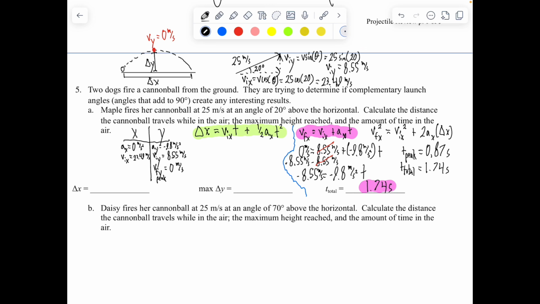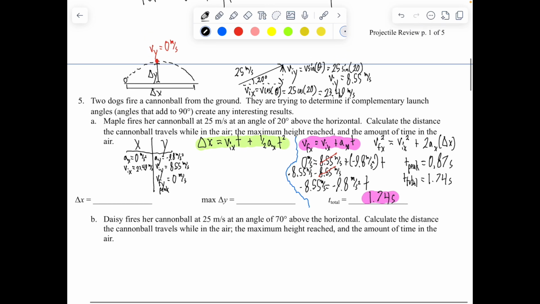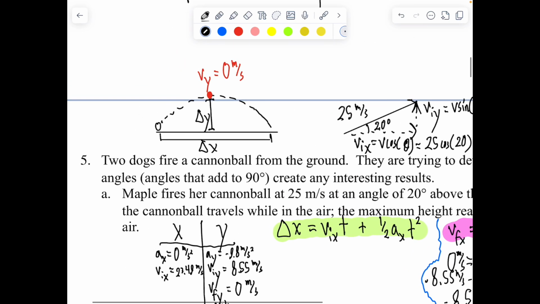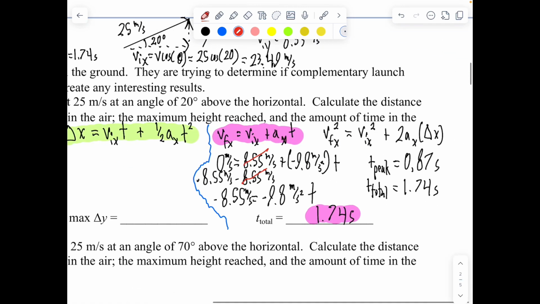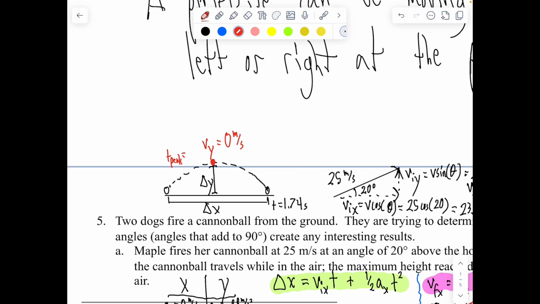All right, let's look at that max delta y. So here, let's consult our diagram. We know the time that has passed for it to reach its end over here is 1.74 seconds. The time that will have passed for it to be at its peak is that time to the peak that we calculated earlier, which is 0.87 seconds.